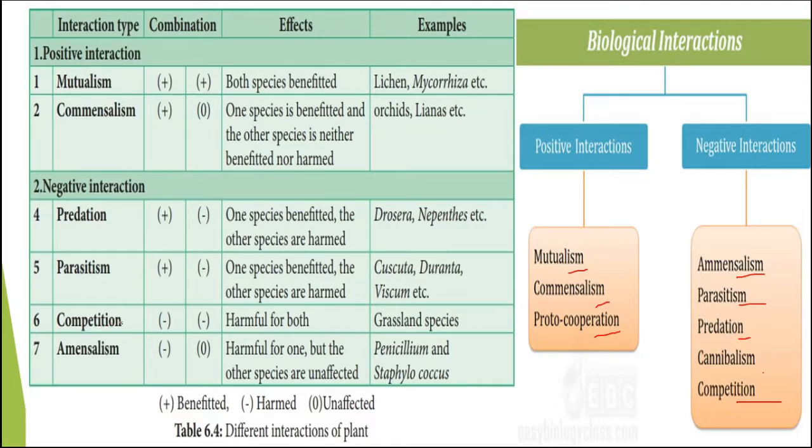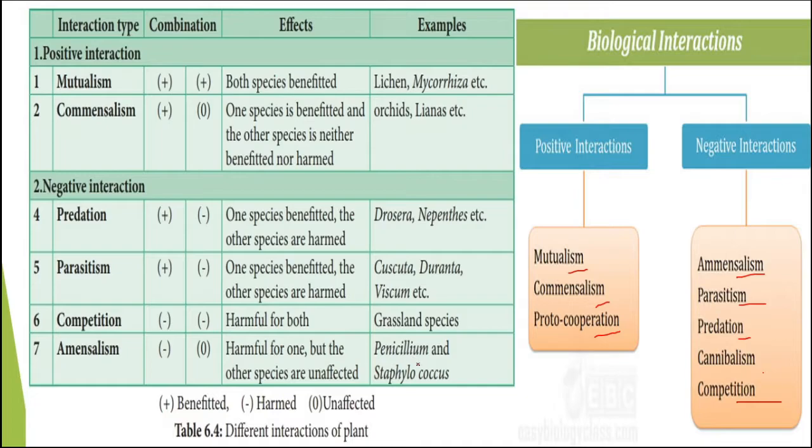This is also a type of negative interaction in which both species are getting harmed from each other. So there is a negative sign on both sides, like grassland species. Then amensalism. Amensalism is a type of interaction in which one of the members is getting harmed and the other is neither harmed nor benefited.